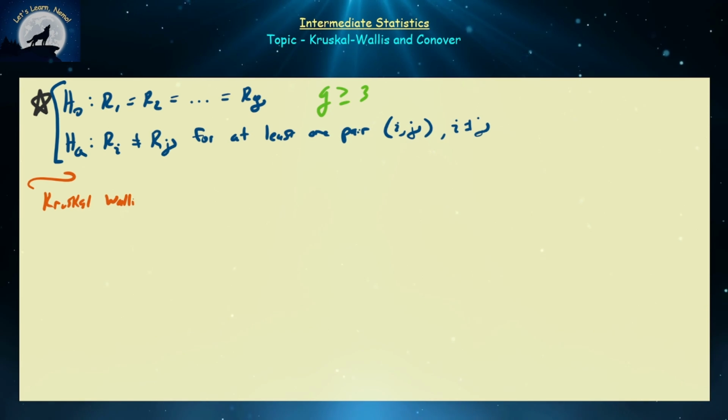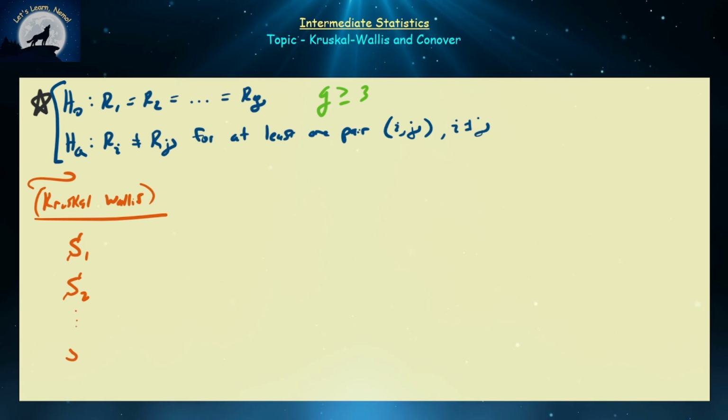All right, so Kruskal-Wallis, which is pretty much your non-parametric ANOVA test, is going to start off in the following way. We have our sample 1, our sample 2, all the way down to sample G. Again, G greater than or equal to 3. We're going to globally rank all of its values, and then we're going to have sets R1, R2, all the way down to a set of ranks, RG.